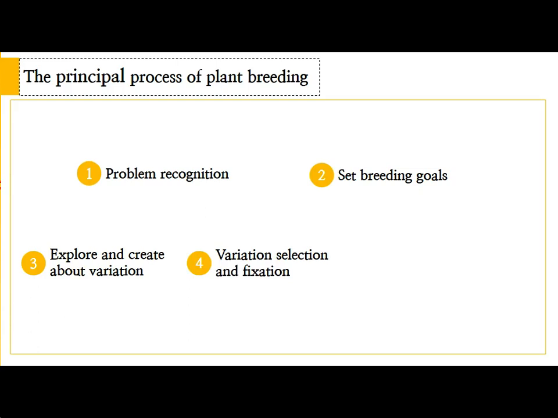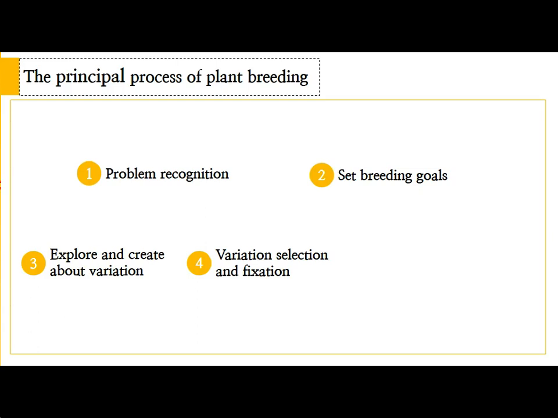First, we select mutation strains and mutation groups that meet our breeding goals. The qualification test is carried out for selection, followed by progeny test, productivity test, and regional adaptability test.